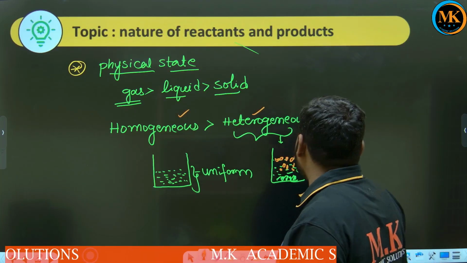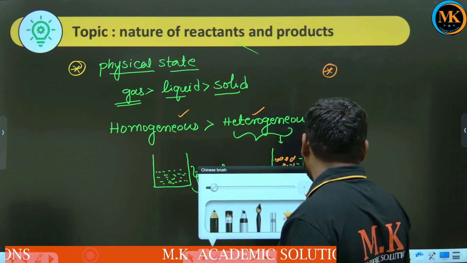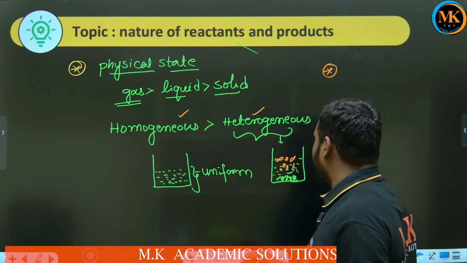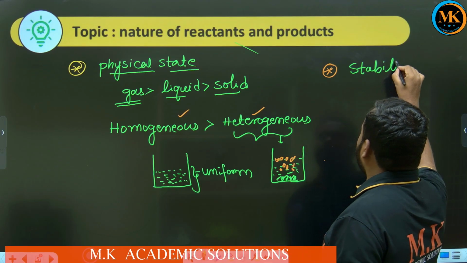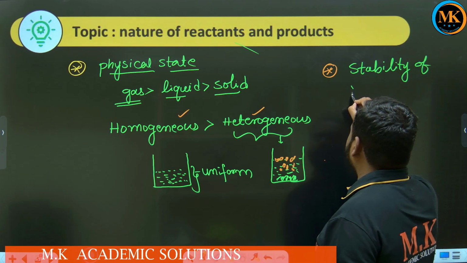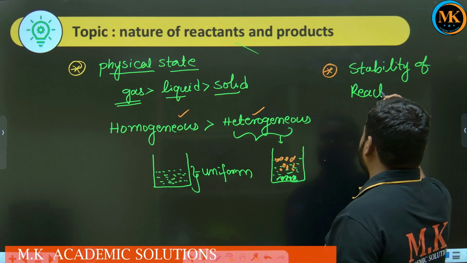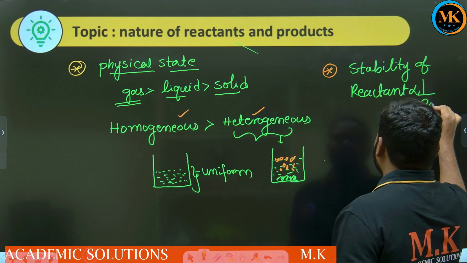Next, if you see the stability of reactant, stability of reactant is inversely proportional to the rate of reaction.